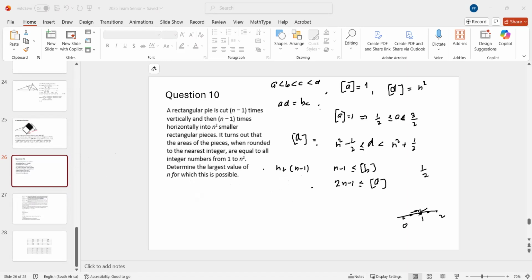Now, what I'm going to do here is use AD equals BC. Why do I make all these mistakes? That AD equals BC. Right. Now I have that a half is less than A, and D. Let's get this right.